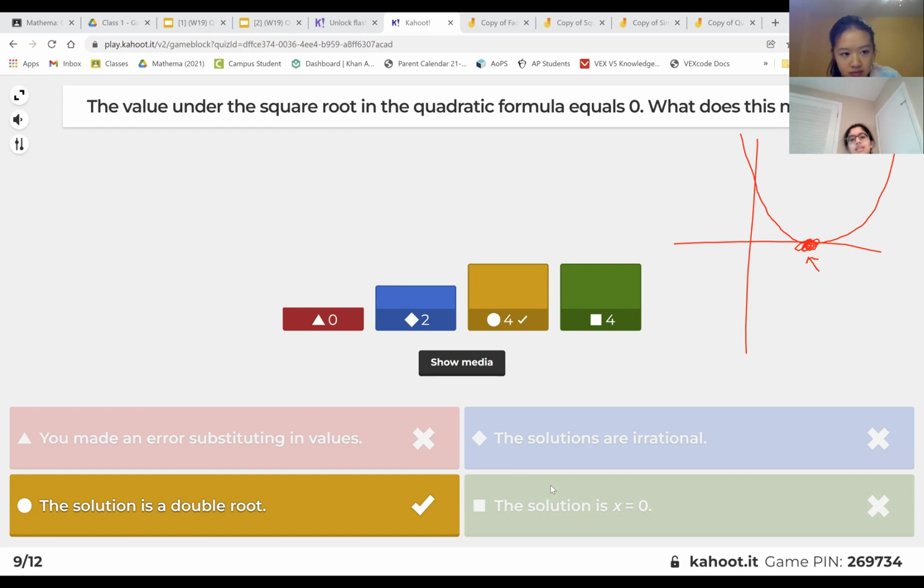And irrational means that you have a square root, or you have a number like pi or e in your answer. And you aren't going to get pi or e in a quadratic formula unless b is pi or e. But it's not giving that. And the square root of 0 is 0. That's not a square root, that's just 0. So that means the solution is a double root.